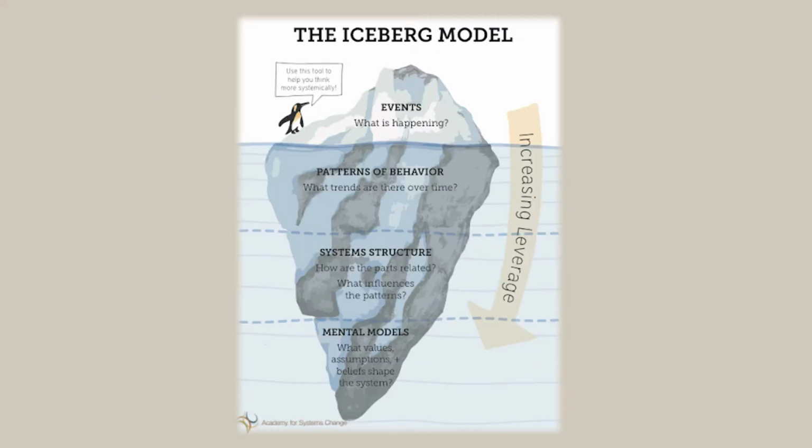The next slide is going to show us an image of this. And so let me walk you through this. The iceberg is an excellent image. It's used in a lot of academic literature about how to understand systems and the decisions that we make in organizations.